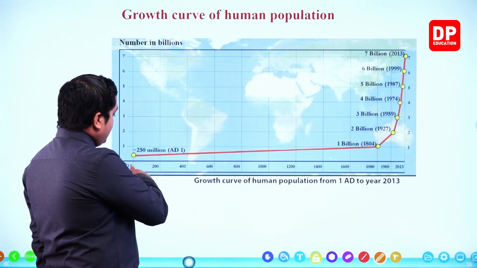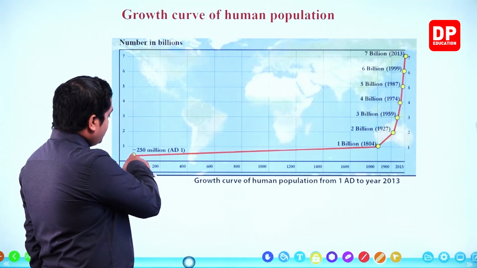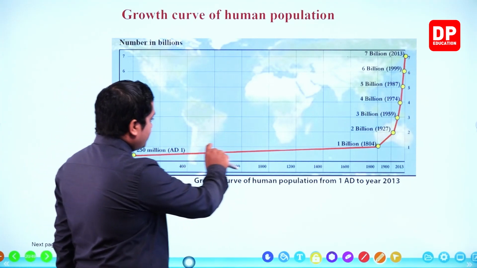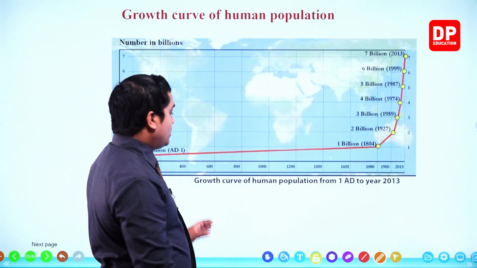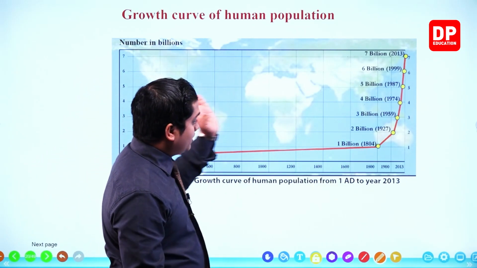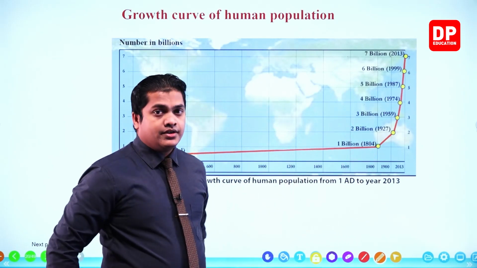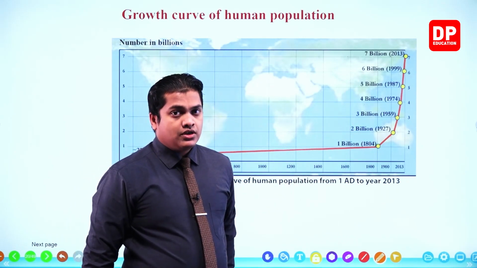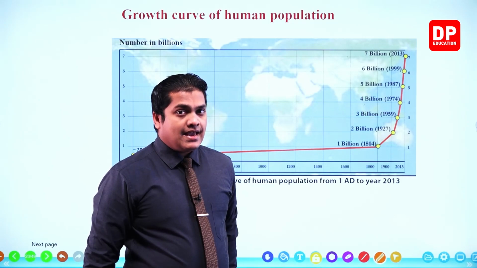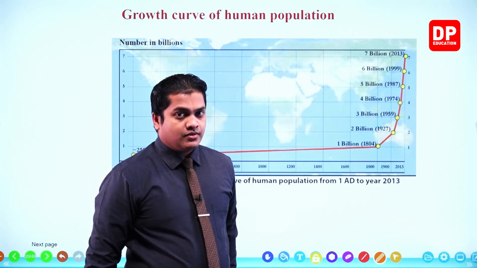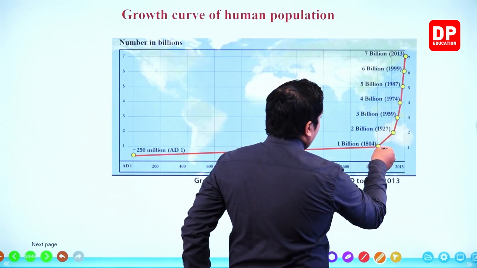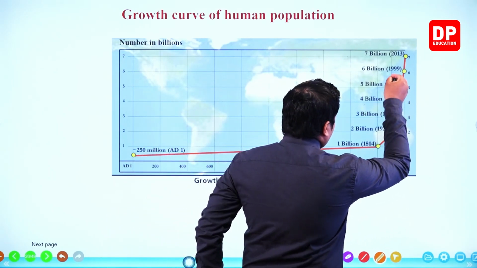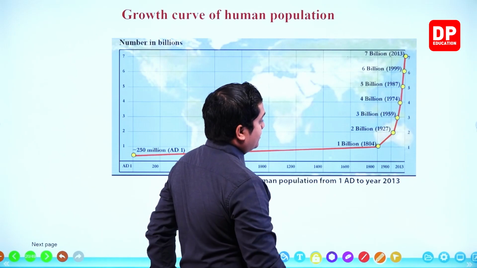Actually, as you can see here, from this height to reach the top margin of the first billion, it took around how many years? 1 to 1800, almost about 1800 years. Okay.